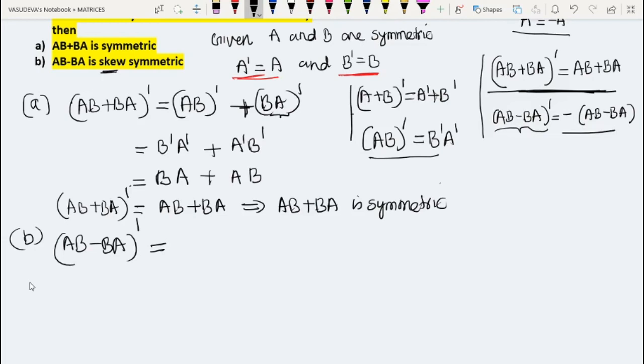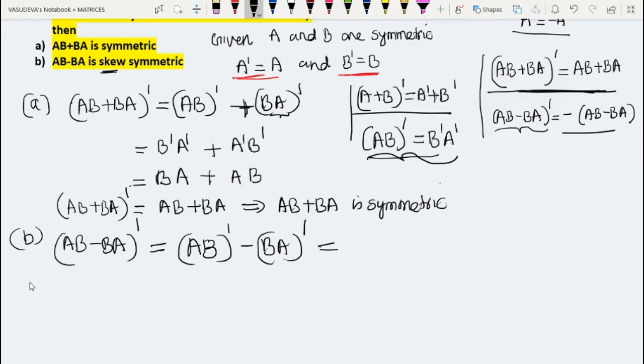Again by the property, A plus B whole dash is equal to A dash plus B dash, we write this as AB whole dash minus BA whole dash. Again by the property, AB whole dash is equal to B dash into A dash.